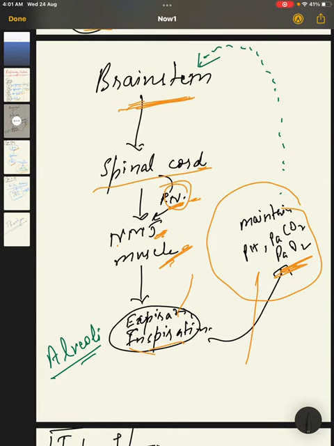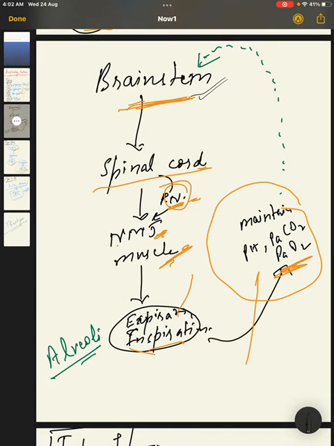The brainstem controls the respiratory cycle via the spinal cord, peripheral nerve, relaying through the neuromuscular junction, and the muscles that control the respiratory cycle by the alveoli along with the bony rib cage. All this will maintain our blood pH along with CO2 and the blood oxygen level. And that, via the feedback loop, will control the respiratory center in the brainstem.